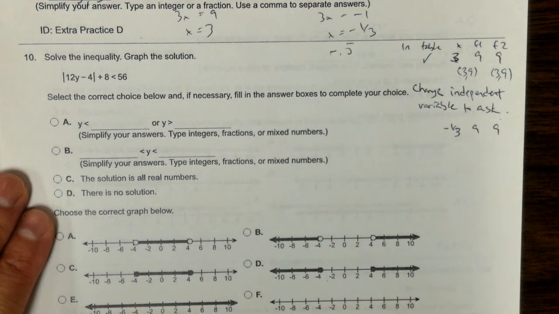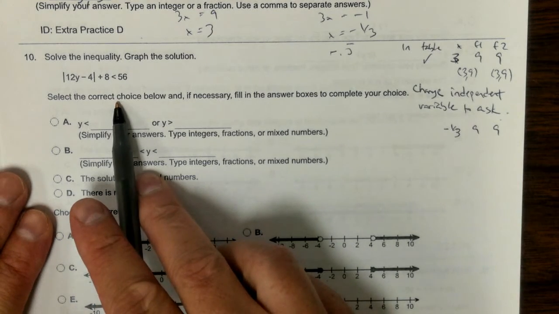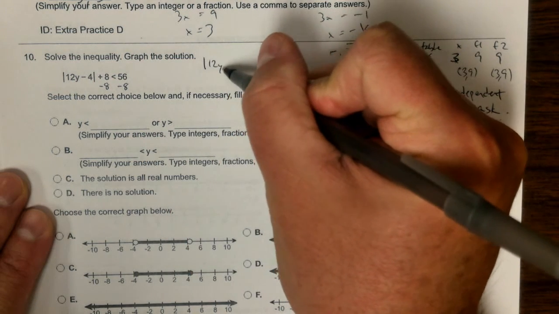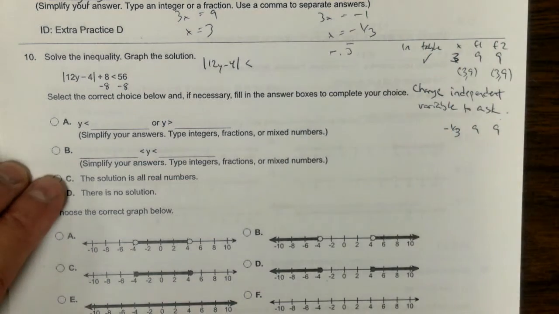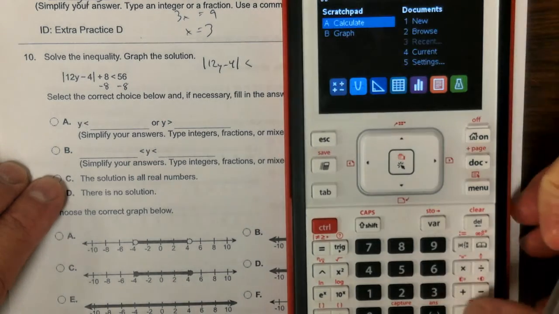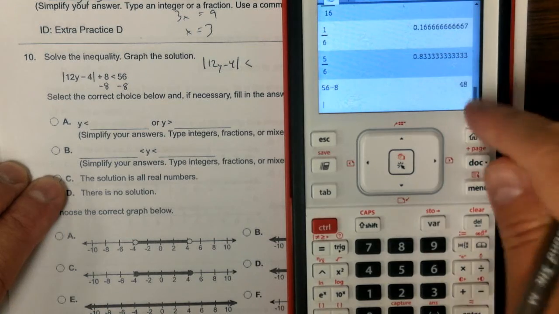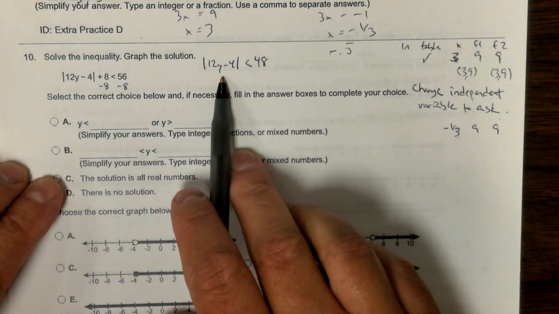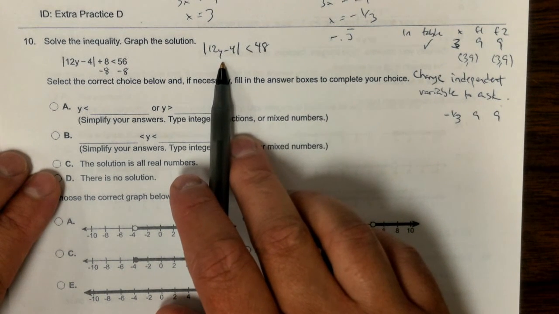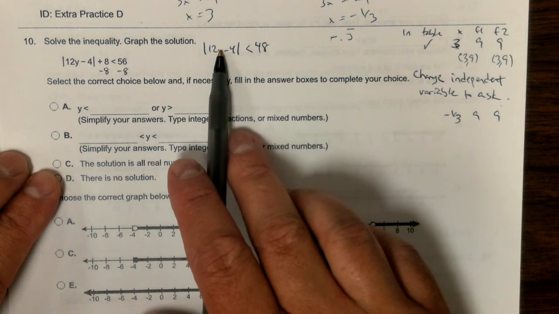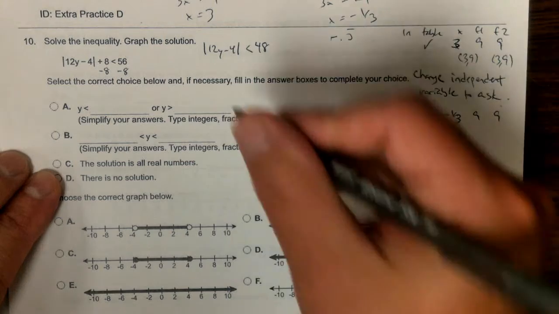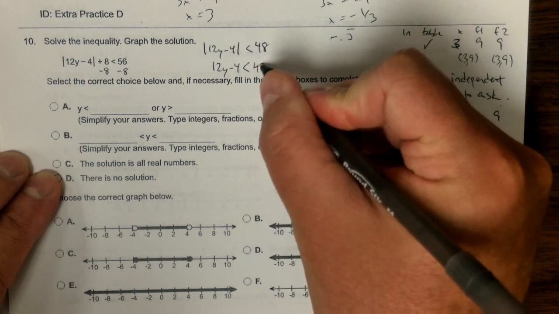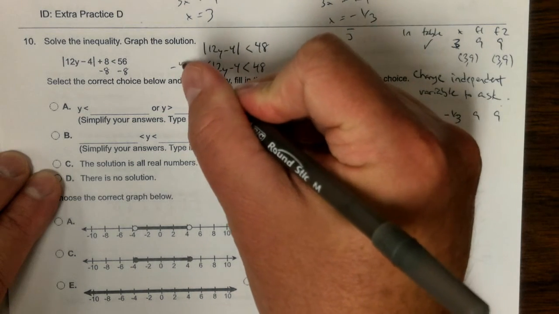Okay, now for this one, solve the inequality, graph the solution. We subtract 8 from both sides. So we have 12y minus 4 less than 56 minus 8, 48. So now we're dealing with less than inequalities. You know, there's less than and greater than. So what we do is we put this in the middle, and then copy this one down on the right, and then put a -48 on this side.